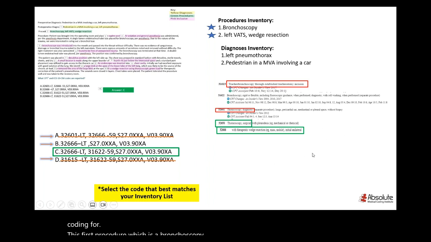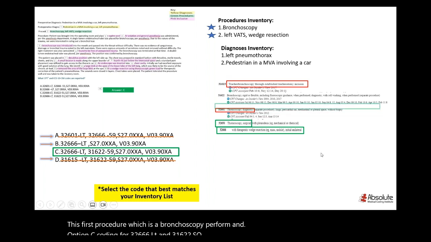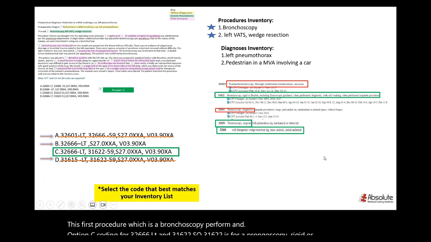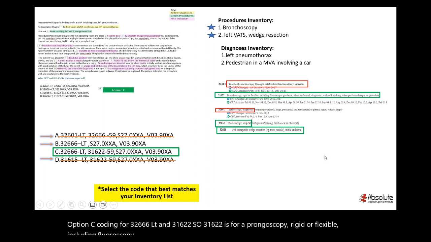And option C is coding for 32666 LT and 31622. So 31622 is for a bronchoscopy, rigid or flexible, including fluoroscopic guidance when performed, diagnostic with cell washing when performed, and that was the first initial procedure performed.